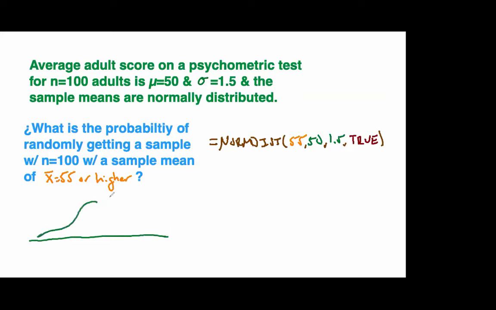We've got our normal distribution, centered at 50, and we've got the value 55, but we want 55 or above. Since we're looking for this region above, we need to do the 1 minus. Exactly right. So in here everything's fine, but I would need to put in the 1 minus. If I do this, then I actually get the probability.